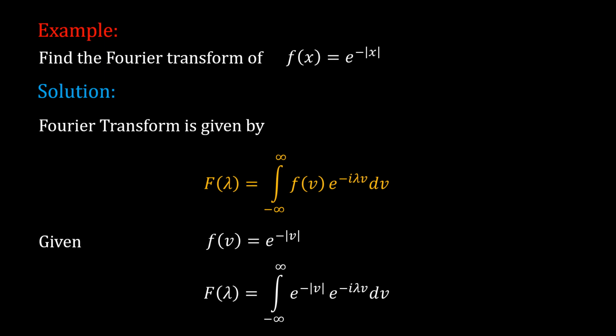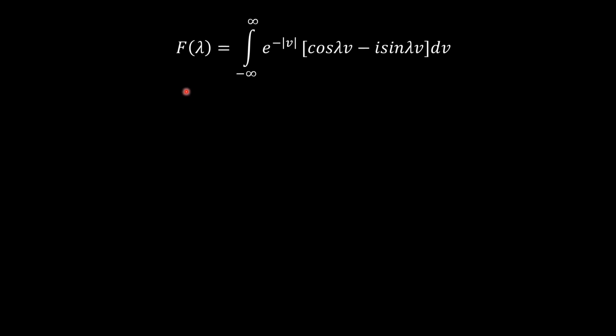Therefore F of lambda becomes integration from minus infinity to infinity e raised to minus mod v times cos lambda v minus i sin lambda v dv. Now this sin lambda v is an odd function, and e raised to minus mod v is an even function. So the product of these two functions is an odd function, and hence in the interval minus infinity to infinity, the value of the second integral will be 0, and hence we are left with F of lambda equal to integration from minus infinity to infinity e raised to minus mod v cos lambda v dv.